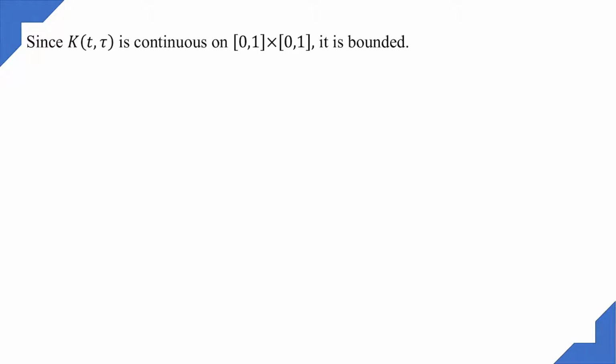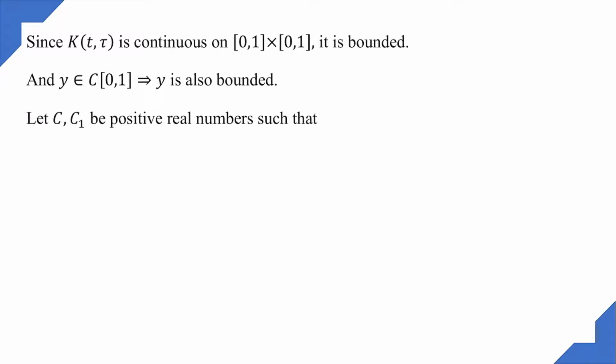For that, we know that k(t, τ) is a continuous function on [0,1] cross [0,1]. So this is a continuous function on a closed bounded interval, hence it is bounded. Similarly, y is an element of C[0,1], so y is a continuous function on the closed bounded interval [0,1]. Then y is also bounded.